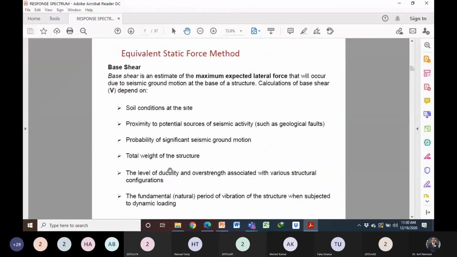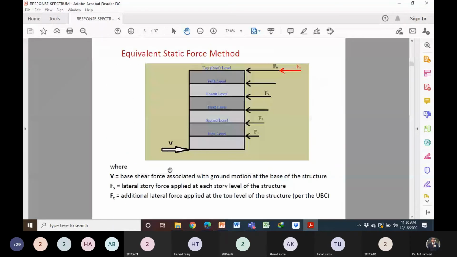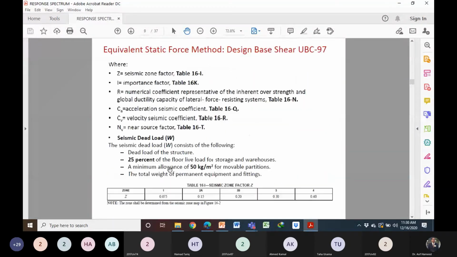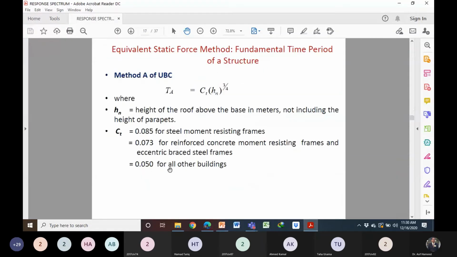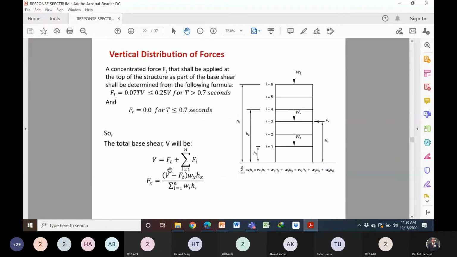FT. FT is equal to 0 if the time period is less than 0.7 second. FT is equal to this value if the time period is greater than 0.7 second.